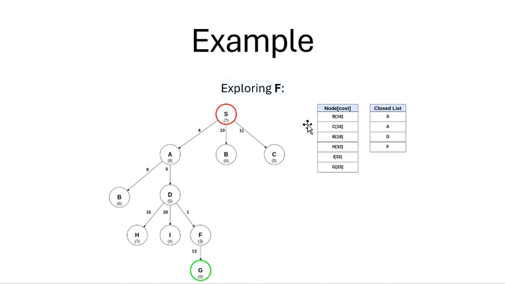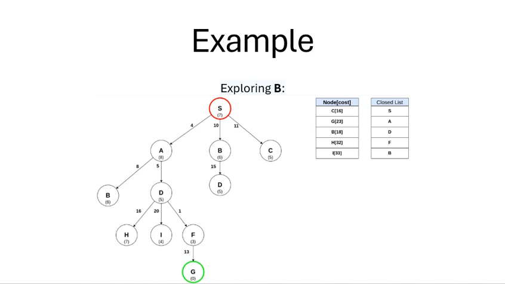The next in our list of nodes is B, which is this one, not this one, because this costs 18 and this costs 16. So next we will explore B, and from B we can go to only one path, D. As you can see, D is already part of our closed list, so we don't need to go further from there.